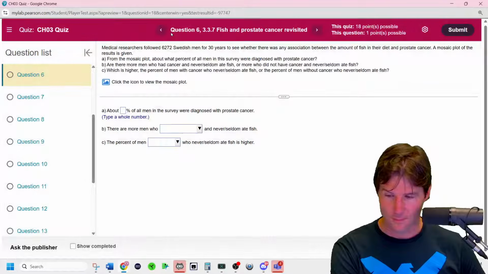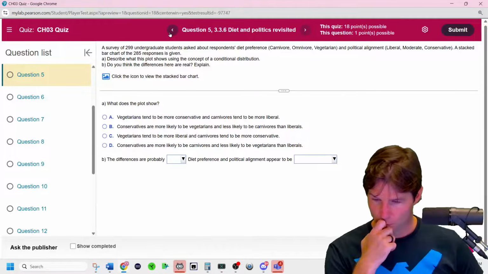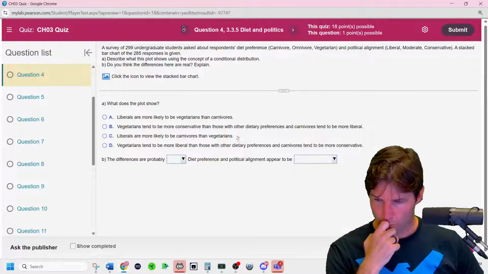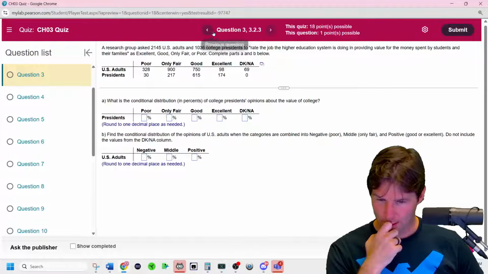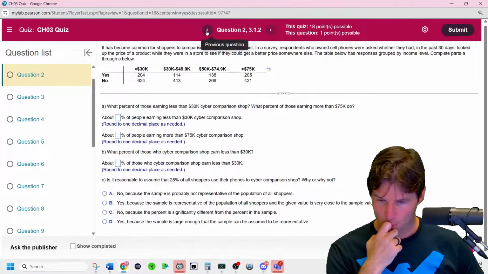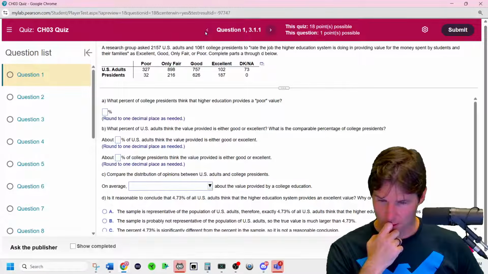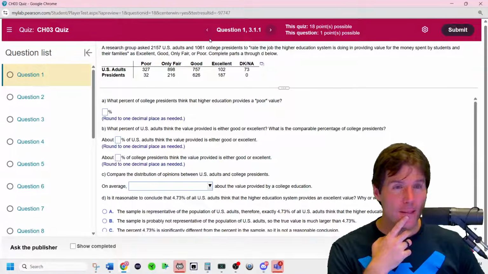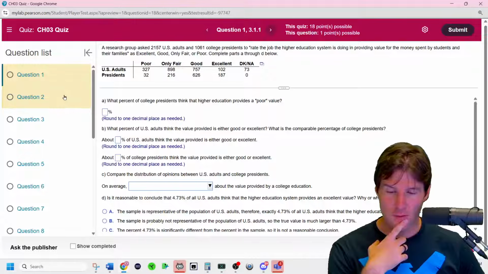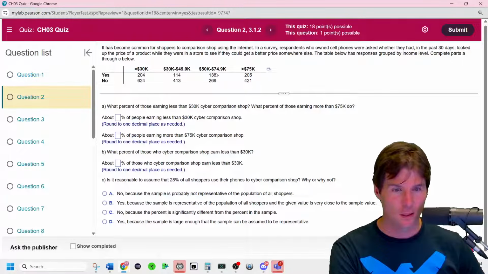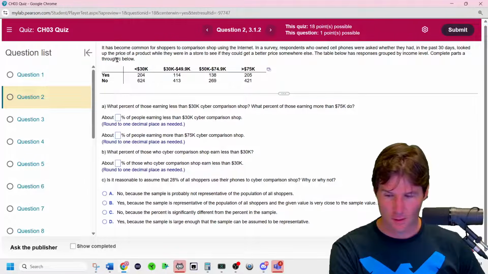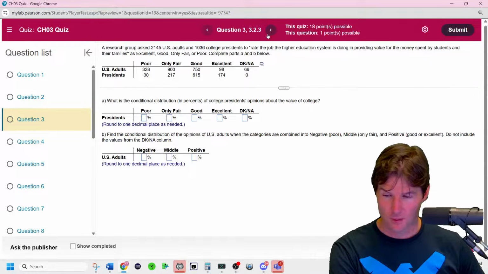A through D. We should be getting close. A through B. A through... No, this is different. It's A through C. Payne, did you see it? If it's A through C, I don't see it. It's A through C. And a research group asked, tell me if you see the number.